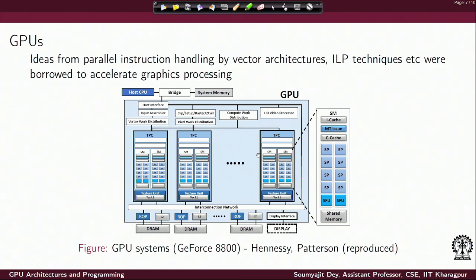SM stands for streaming multiprocessor, the higher level in the hierarchy, and at the lower level each SM contains multiple instances of scalar processors, or in some books you will find the name streaming processors, SP. And of course there are other units for the memory, the cache, and the shared memory, which we will cover one by one.